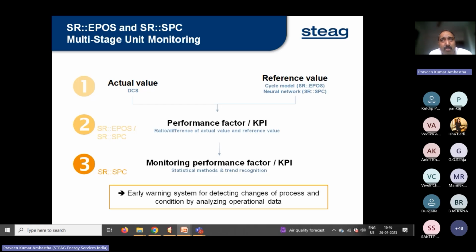Because from the raw data, we have seen that we cannot find anything. We shall have to develop the reference. We shall have to develop the KPI, and then we can find out where the deviation has started. And definitely we shall be able to catch that, yes, this is the condition, and here we are having the fault.